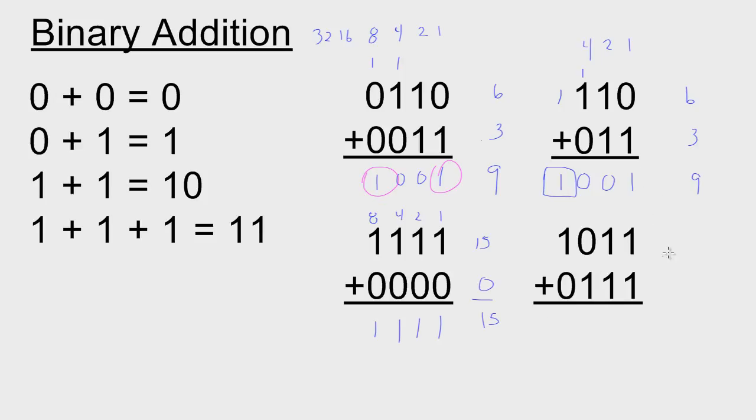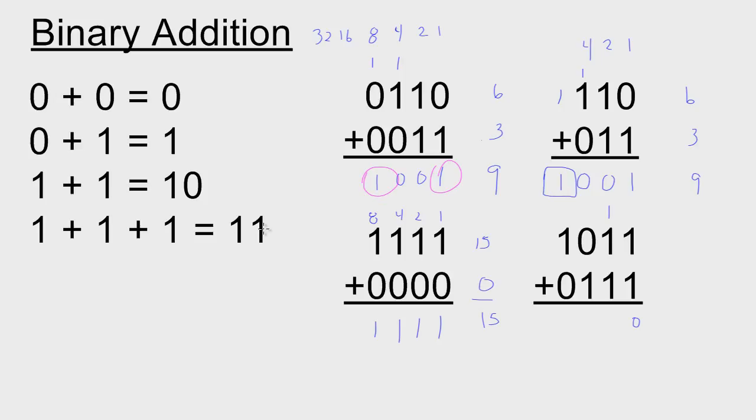This example here is going to be different from all the others because we're going to have 3 1s in a row. So you'll see that in a second here. So 1 and 1 gives us 1, 0. So we put the 0 here, carry the 1. And now you can see we have 3 1s.